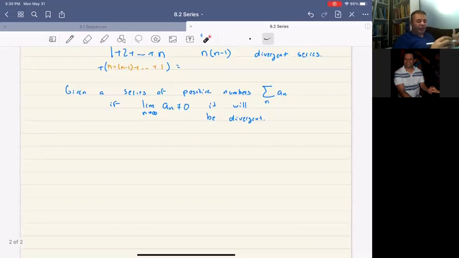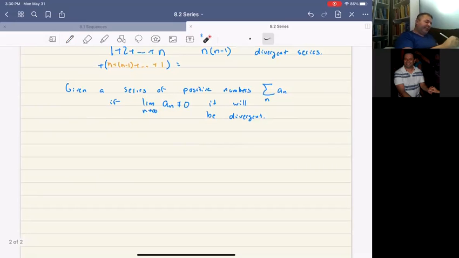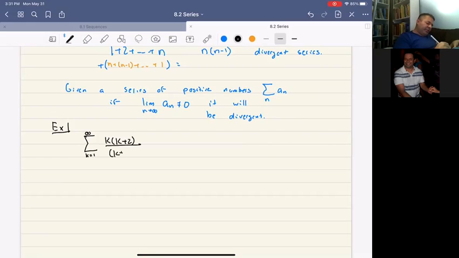A similar example: let's take the sum, k goes from 1 to infinity, of k times k plus 2 over k plus 3 squared.